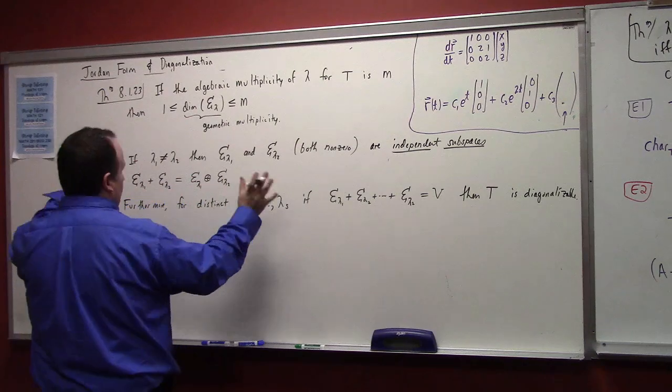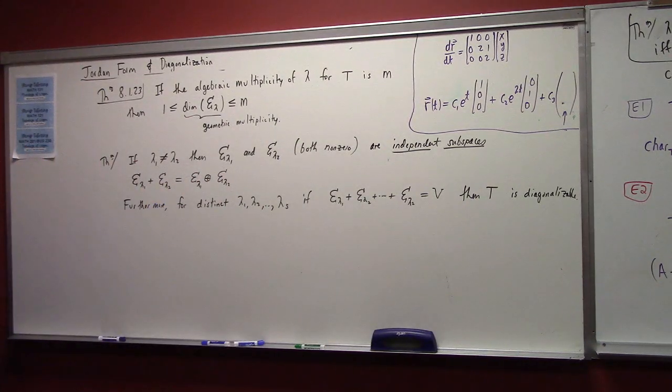And of course, these are all with respect to a given endomorphism T on a vector space V, right? I mean, that's assumed here.